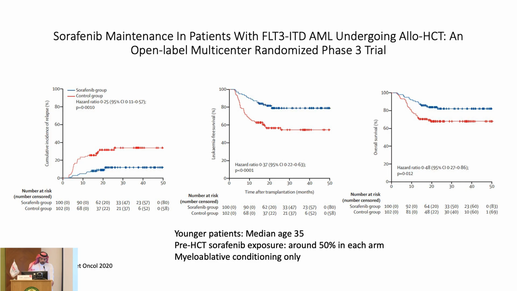What we should highlight here is that the majority of patients are a younger population, which is not what we usually see with FLT3, and all patients universally used a myeloablative conditioning regimen, and less than 50% of patients were exposed to sorafenib. Around 27 or 30% of patients used sorafenib in the upfront setting, and the rest used it in the relapse refractory setting. So again, a homogeneous population, newly diagnosed and relapse refractory, indicating a high-risk patient population.